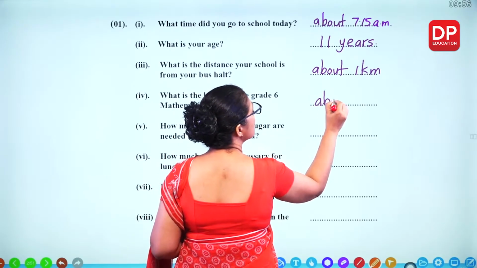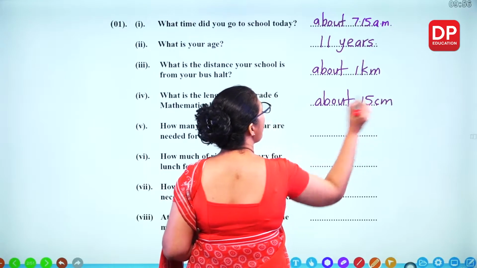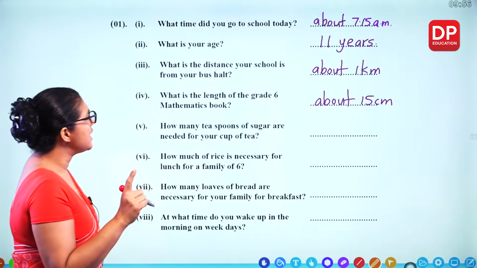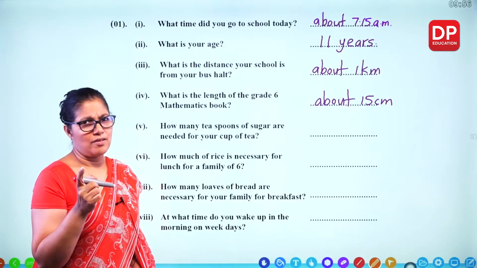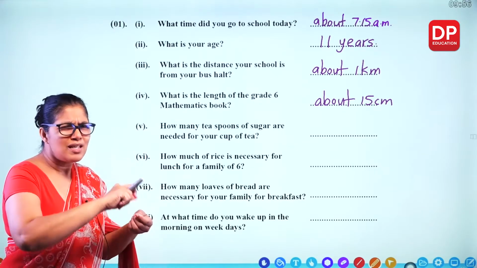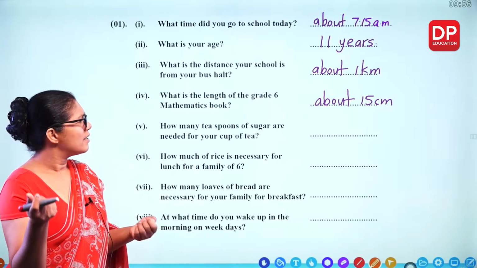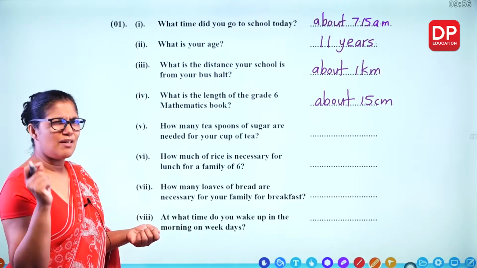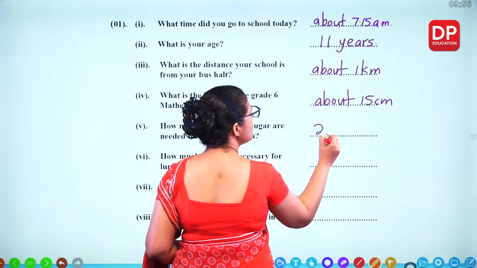About 15 centimeters you can say. How many teaspoons of sugar are needed for your cup of tea? So normally your mother puts roughly 2 teaspoons.